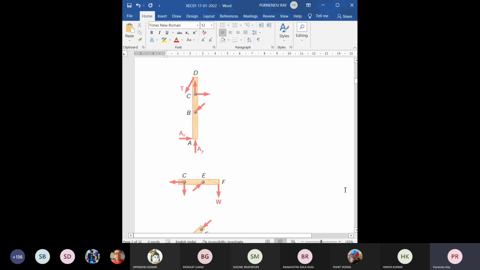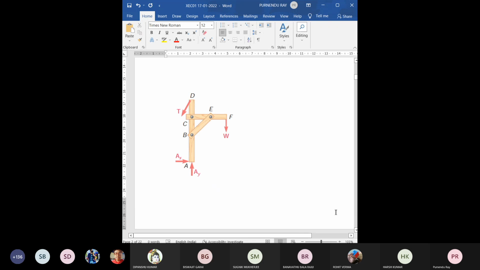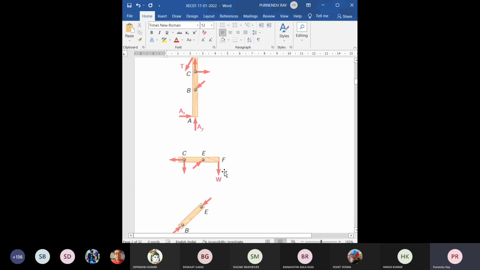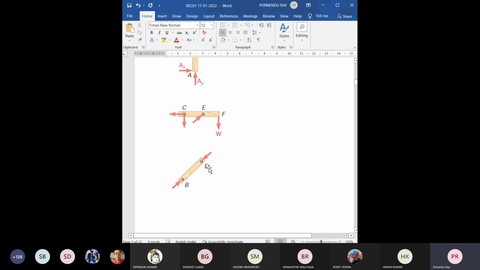Okay. And one thing, suppose when we apply this force, the tendency of that member or this support post will be to stretch this member BE to increase its length or to compress it to decrease its length. What is the natural tendency? Compressive. And this is the compressive force developed on the member BE.